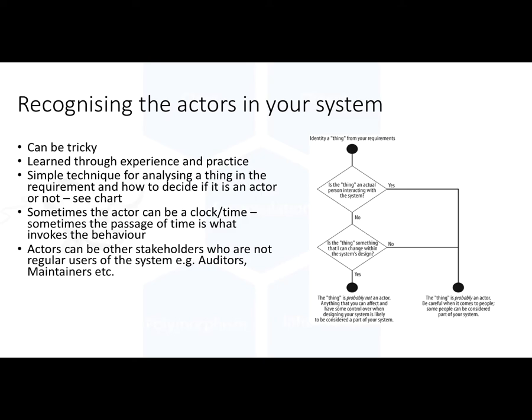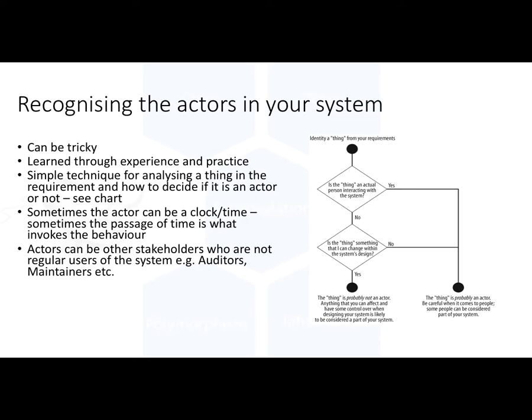It's learned through experience and practice, but a simple technique for analyzing a thing in the requirements, and deciding if it's an actor, we can do with this chart here, a simple activity diagram or flow chart. The first thing is that we're trying to identify whether or not a thing in our requirements is an actor.